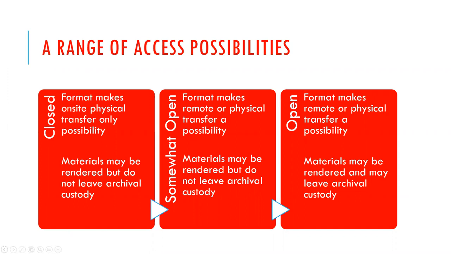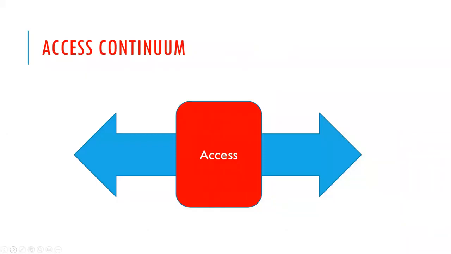And it's also important to note that the accessibility of a record may change over time. When a collection comes into an archive, there may be quite a bit of it that isn't in digital form at all. And so that would be a very closed form of access that is available to researchers.